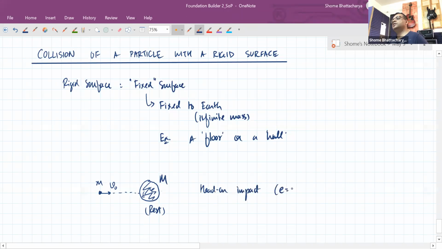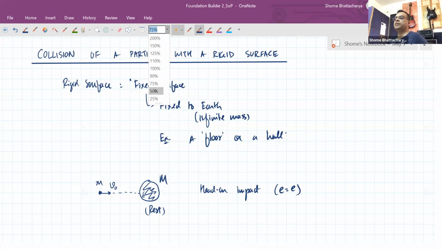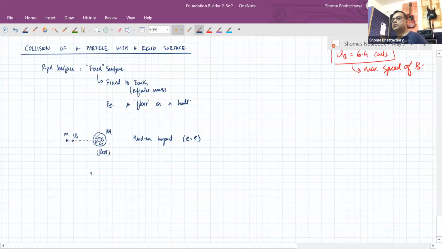Okay. So if it makes a head-on impact with a coefficient of restitution equal to e, then we can see what happens immediately after the impact. We are assuming that m is less than capital M. So v1 will become (m1 minus e m2) divided by (m1 plus m2) times v0.